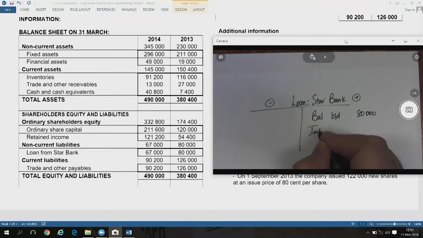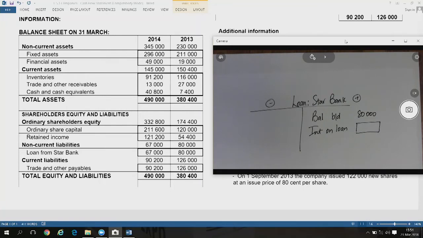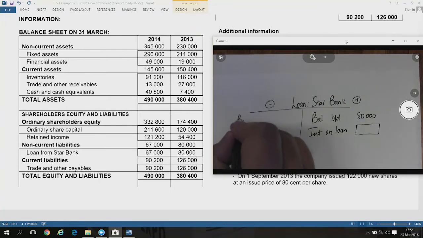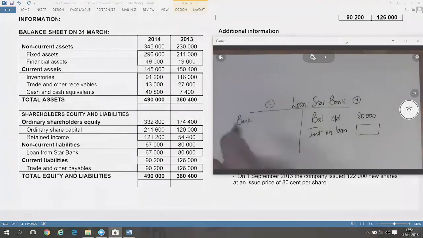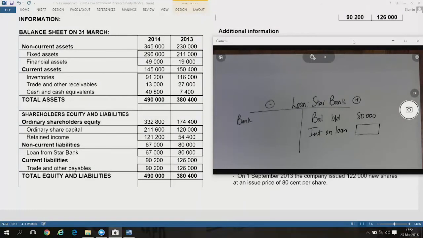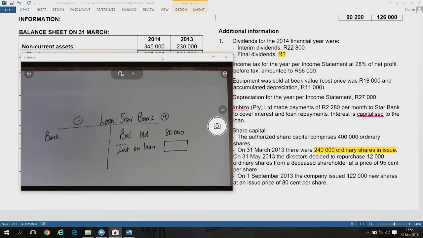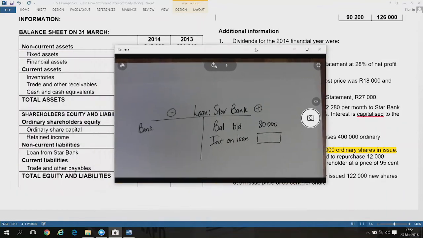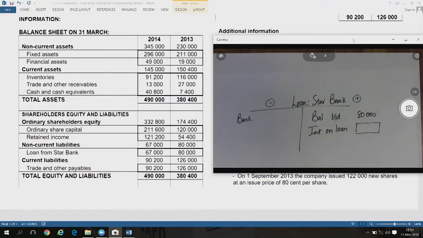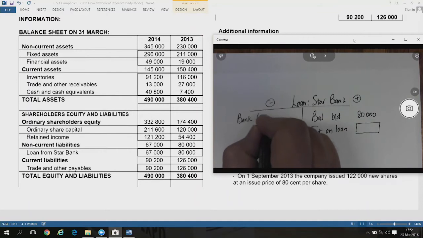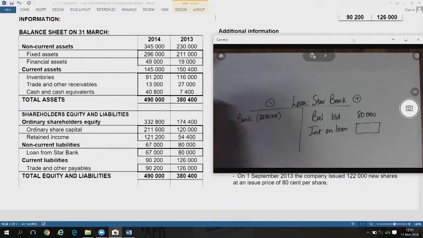Interest on loan was capitalized. So that is the amount that I'm looking for. The payments that were made were 2280 per month to cover the loan and the interest. So that gives you 2280 times 12.